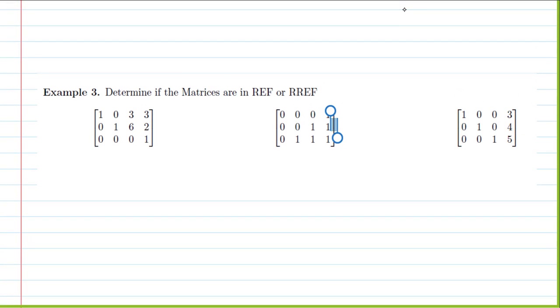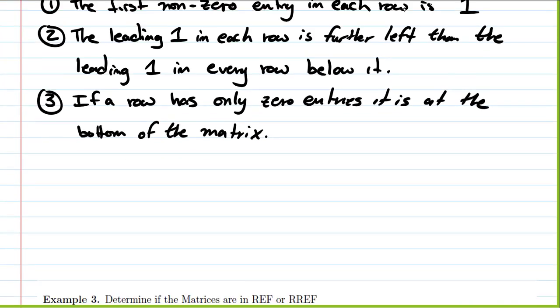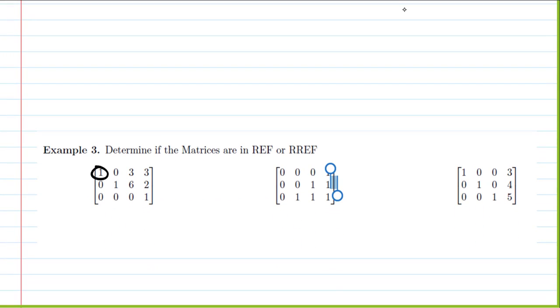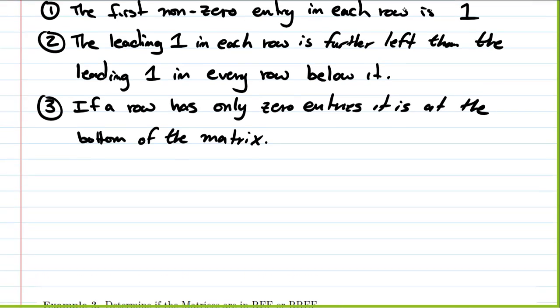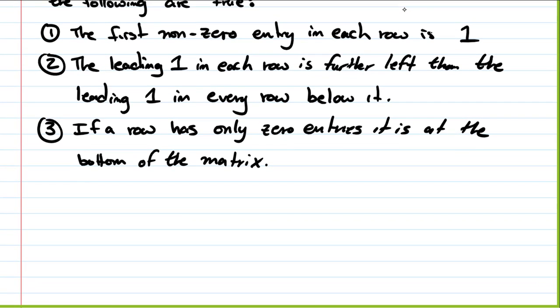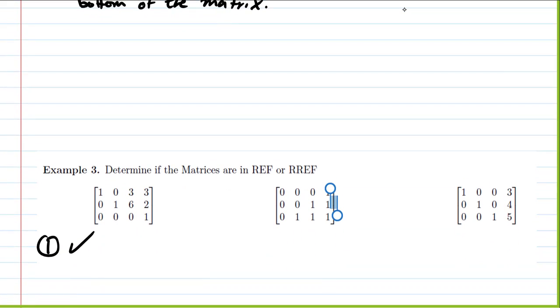So we want to look at our first matrix, and we want to know, is this in row echelon form? So we check our three properties. Is the first non-zero entry of each row a 1? So 1 is check, because the first non-zero entry of each row is a 1. The leading one in each row is further left than the leading one in every row below it.